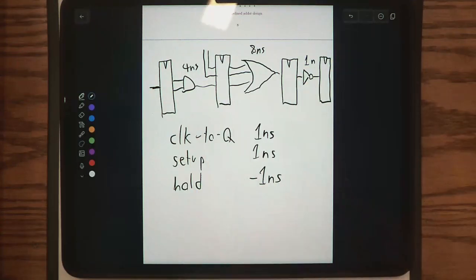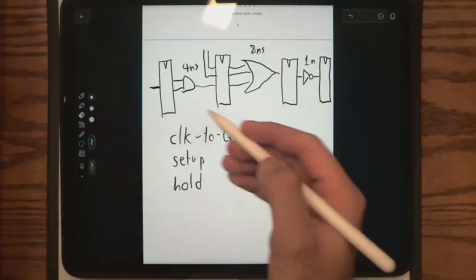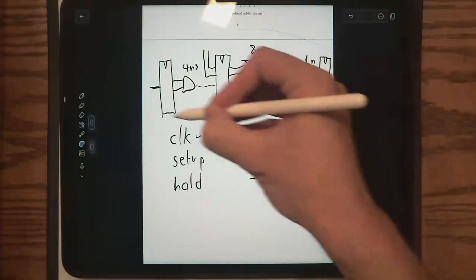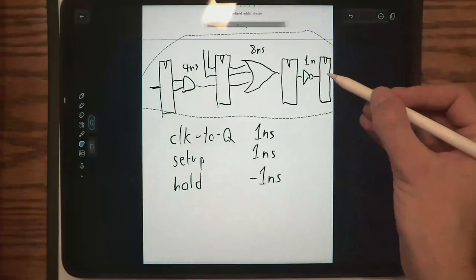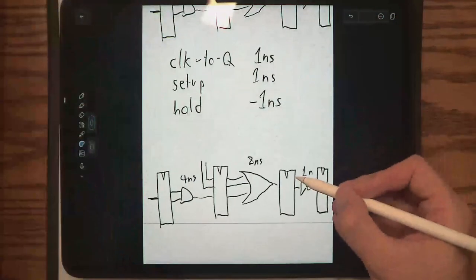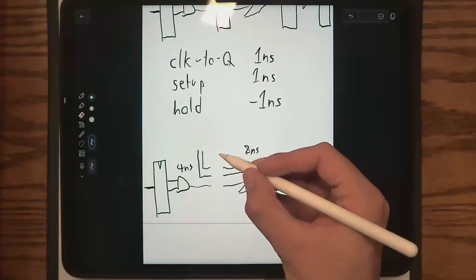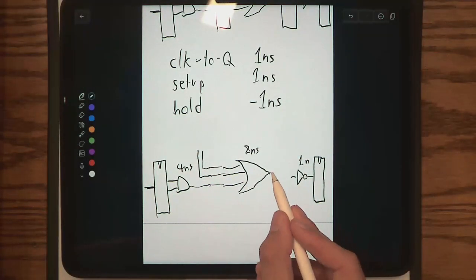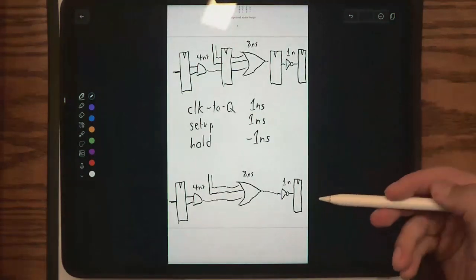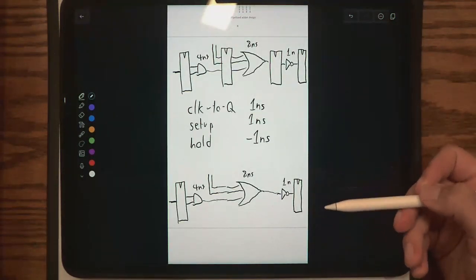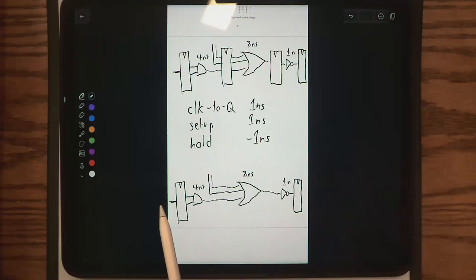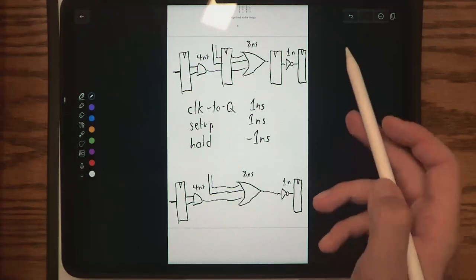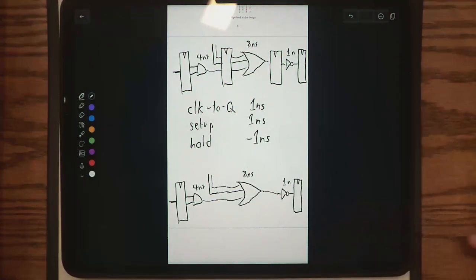So that is the whole idea with pipelining: if we got rid of each of these flip-flops right here, then our clock frequency would be slower, but our latency to produce a result at the end would end up being faster, because now there's less waiting that happens up here.